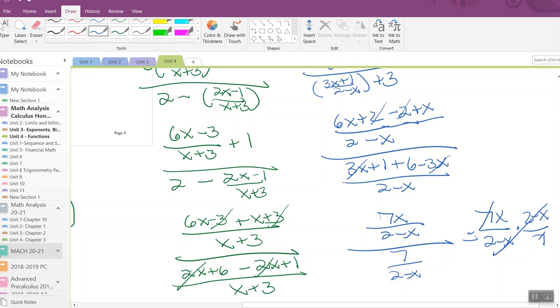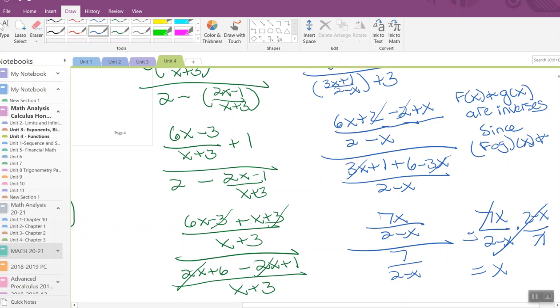So notice those cancel on the 7's, so it's just equal to x. So yes, f of x and g of x are inverses since f of g of x and g of f of x equals x.